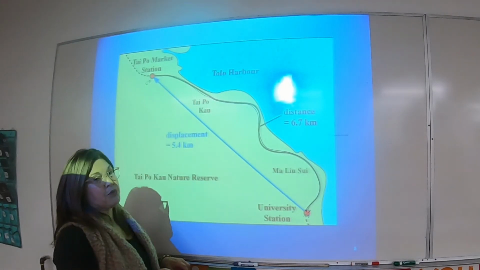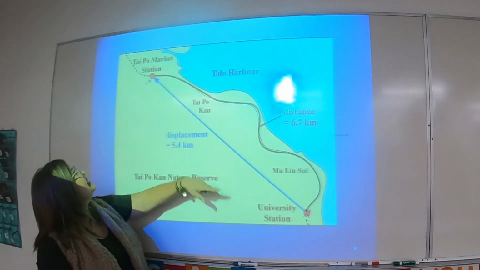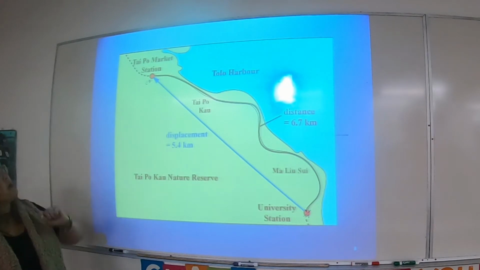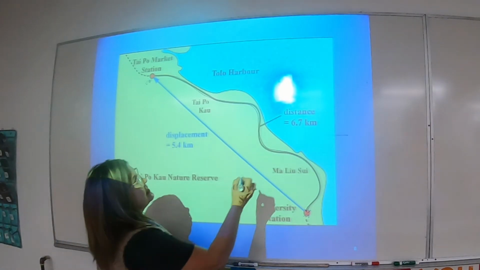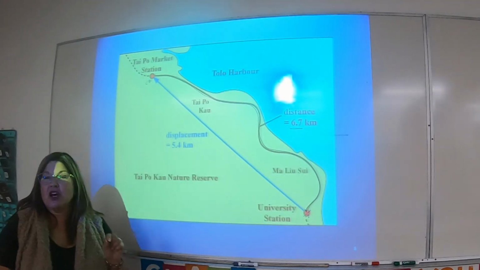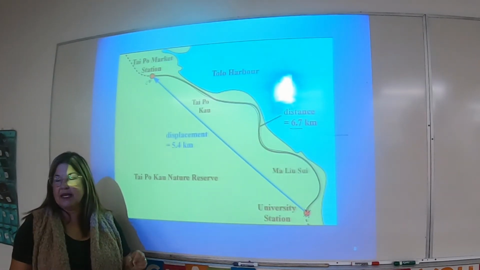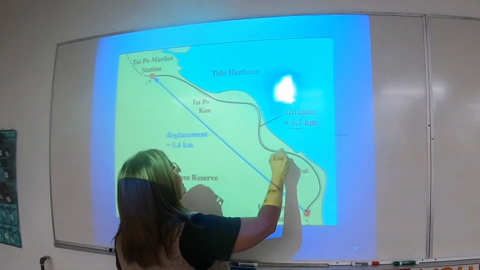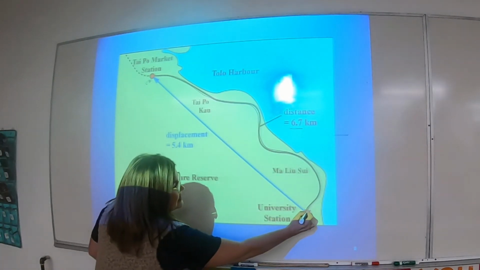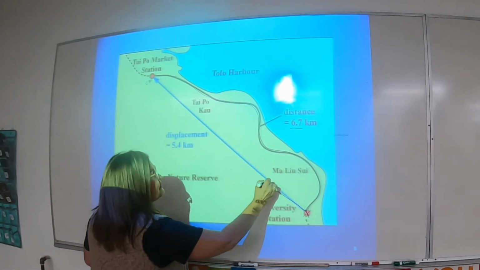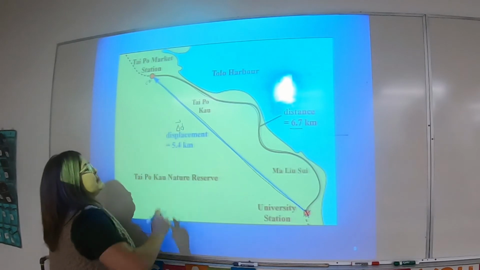That might be the road that takes you between the university station and Taipo Market Station. That amount is 6.7 kilometers. The distance traveled, or the path taken, is always your distance, okay? The path taken could be curving like that. The next line is the straight line segment from beginning to end, and that is always your displacement.